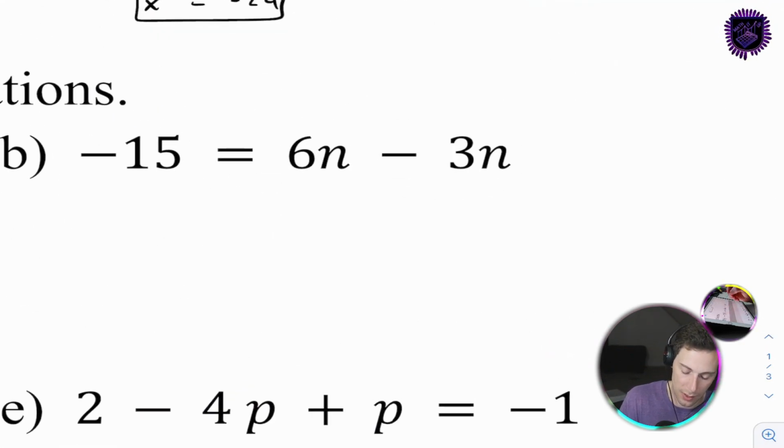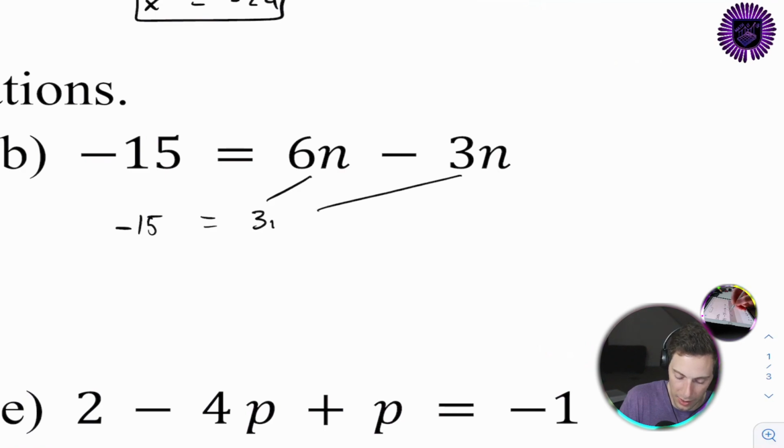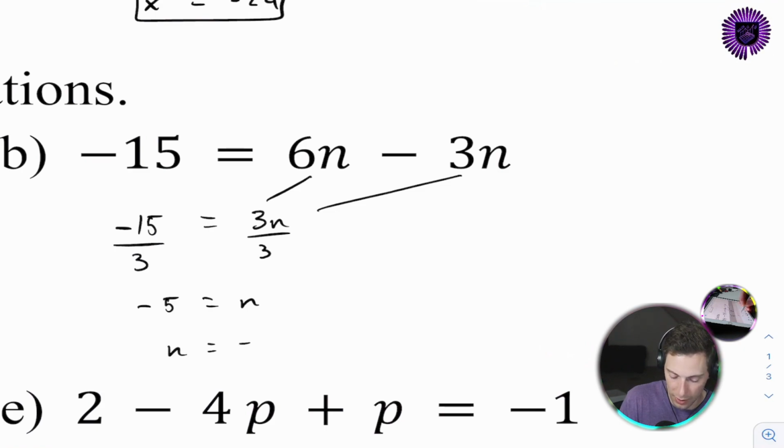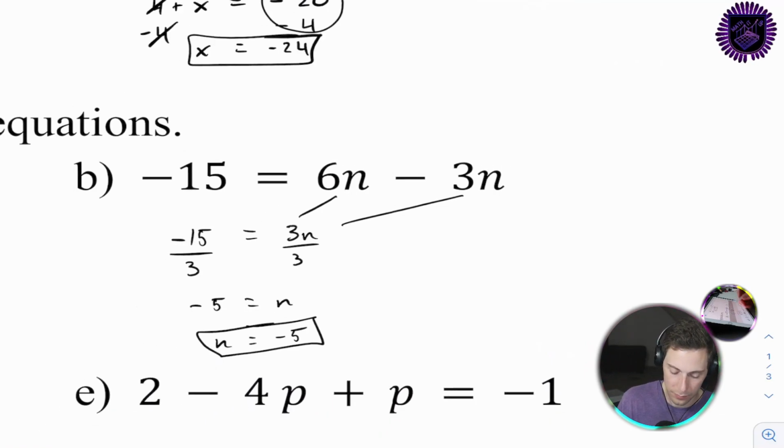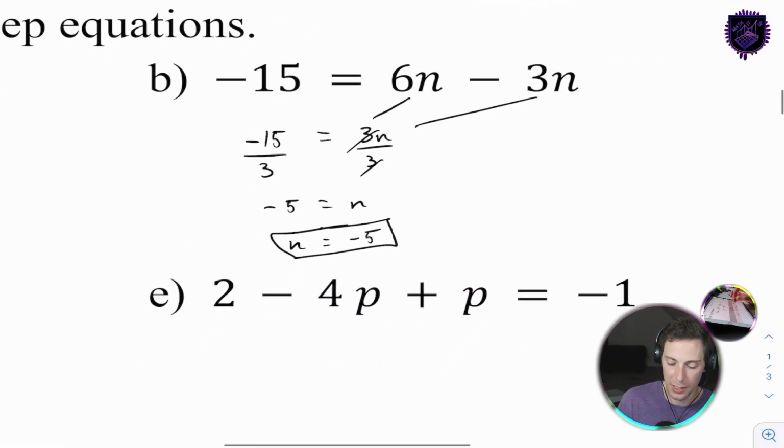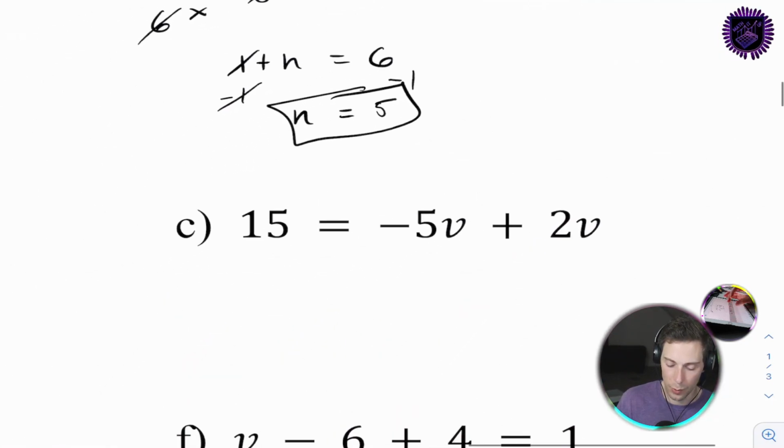Next one. So combine these two. So negative 15 is equal to, and then we combine both of these together into 3n. Divide by 3 on both sides. Negative 5 is equal to n, or n is equal to negative 5. Canceling. 4c.